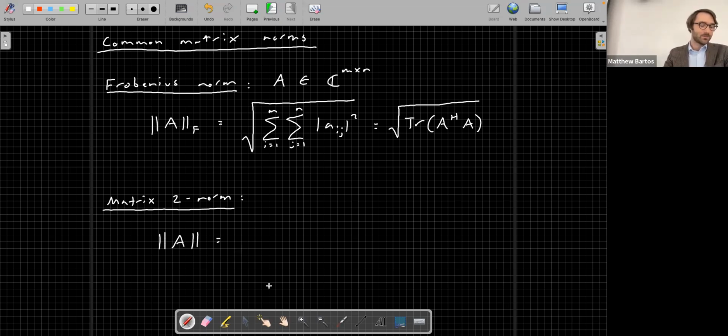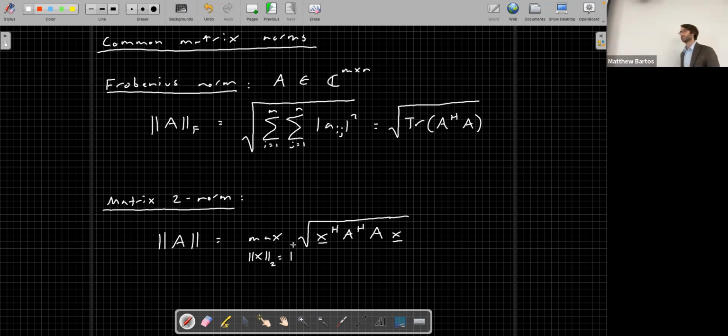This is equal to the maximum of the square root of x Hermitian A Hermitian A x, where x is a vector and x has 2 norm equal to 1.